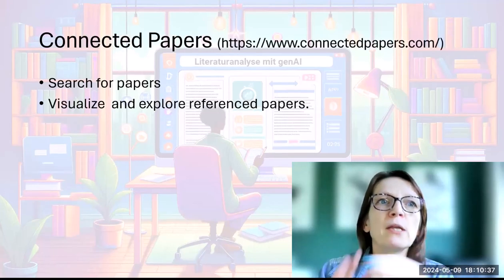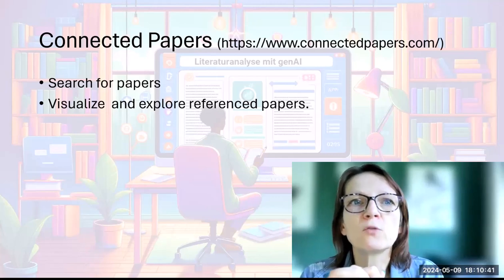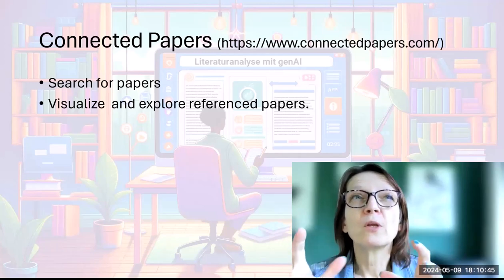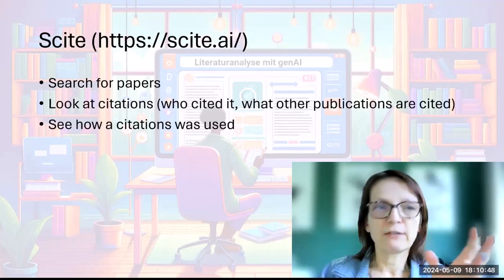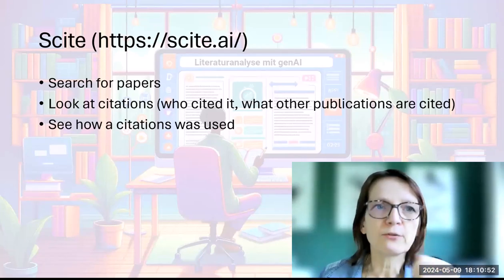And then the last one here is Connected Papers, and here's also the idea you start with one or two papers, but here you don't look at who is citing that author from that article.